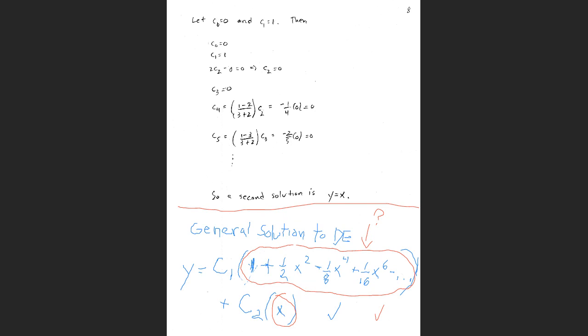We found two separate power series solutions, and once you have them, you can get the general solution to the differential equation by taking a linear combination of both of the power series that you found. It's that simple. The two power series form a fundamental set of solutions. They're linearly independent, right?